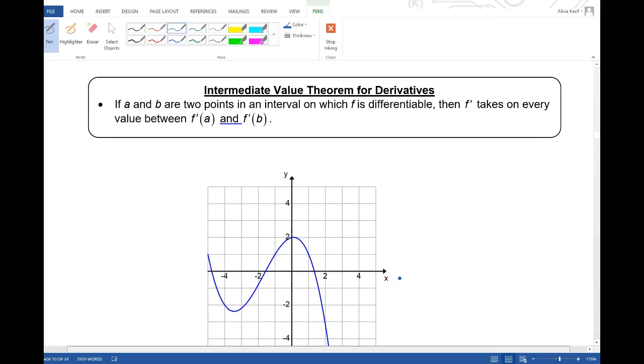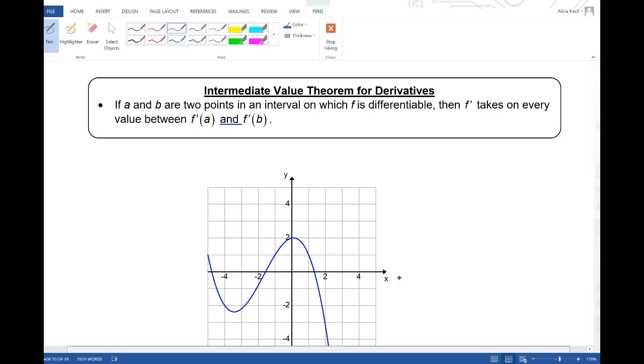Okay, we're not going to really get into this much, but I just want to state the intermediate value theorem. So we did the intermediate value theorem for regular functions. Do you remember that? The regular IVT. Let's say you have a point here and a point here, then it's got to take on all the y values in between.